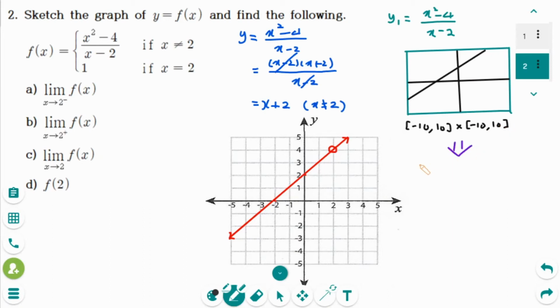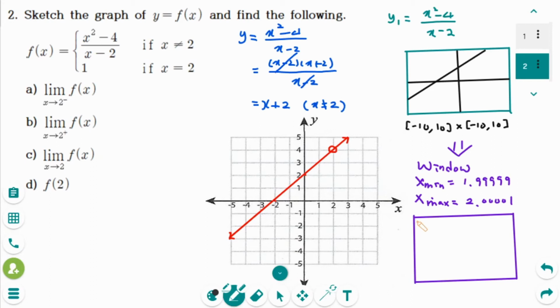Please change the window. So x minimum equals 1.99999 and x maximum equals 2.00001, and then graph again.